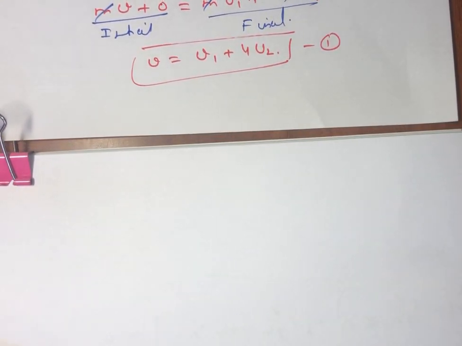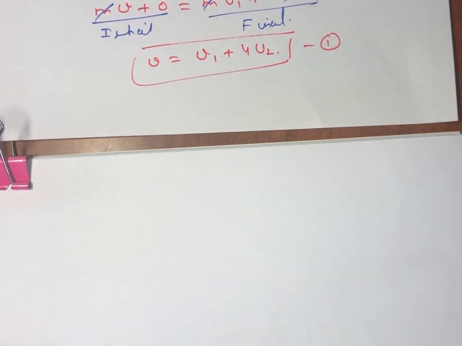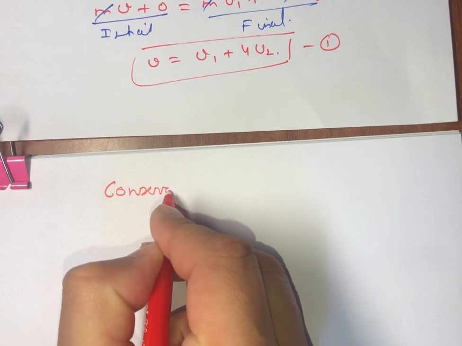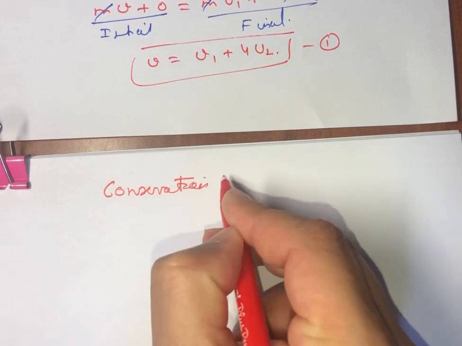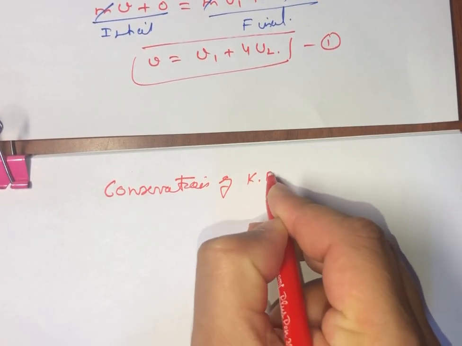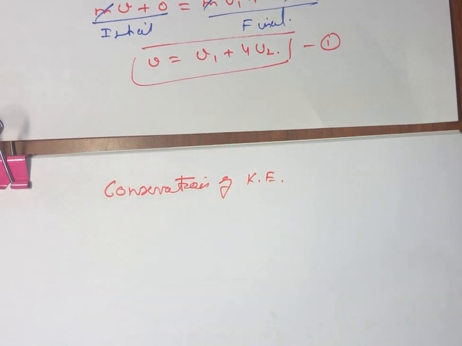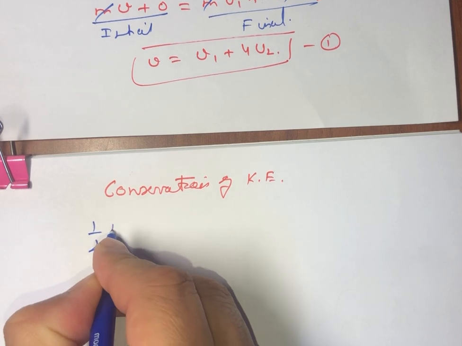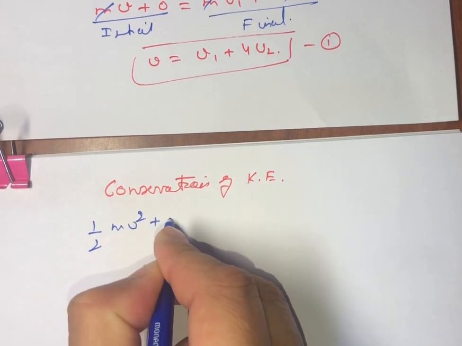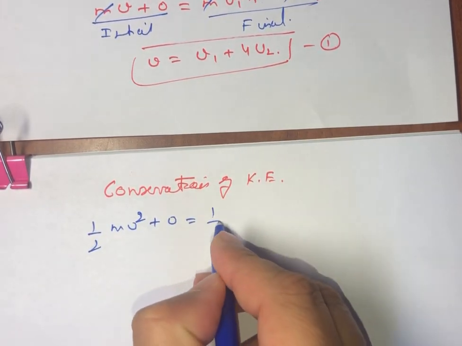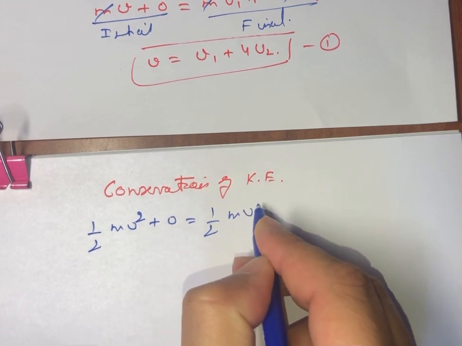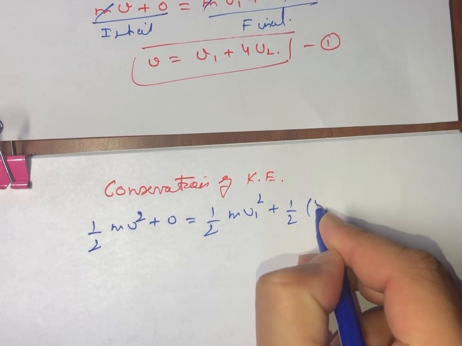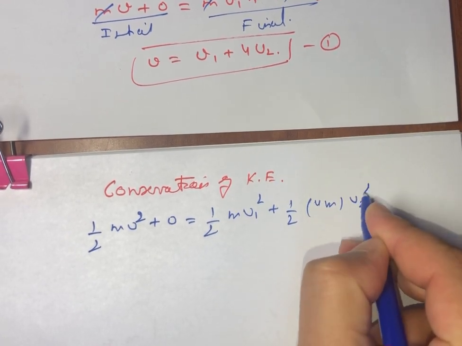Now we are going to use conservation of energy. Kinetic energy, we have for small mass m, half m v square plus 0 is equal to, after collision, half m v1 square plus half mass 4m and v2 square.